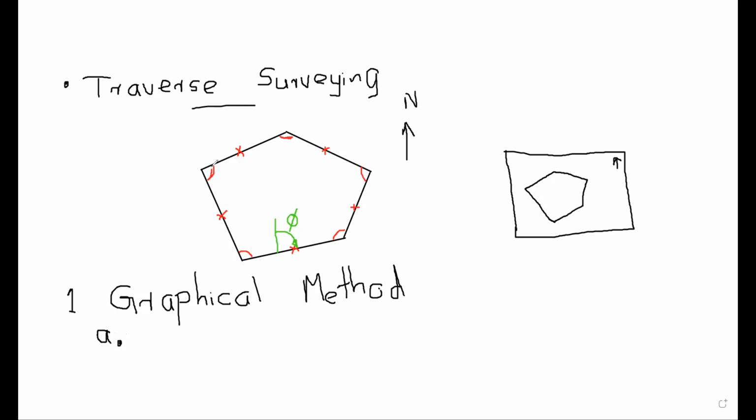first you check whether your angles are correct. Now you have 5 angles measured in a closed polygon, and what you have to do is you correct your angles.